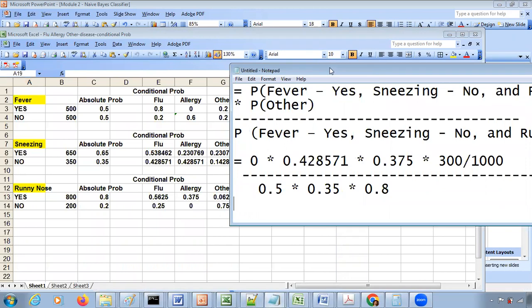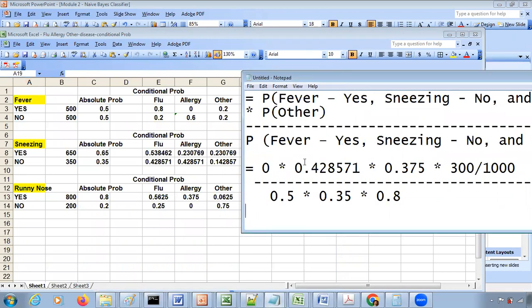Given other as the disease, fever equals yes, the probability is 0.2. Sneezing equals no with other is 0.142857.